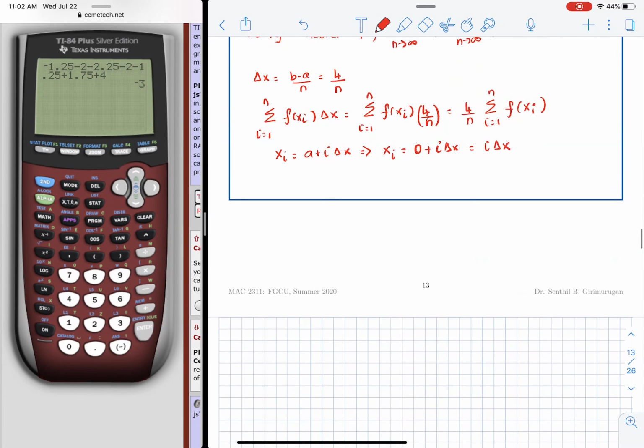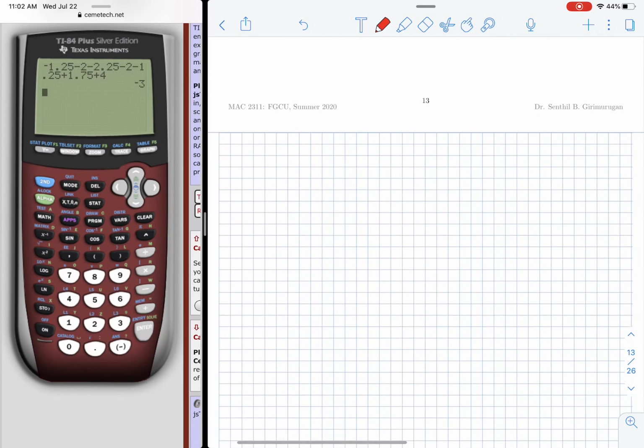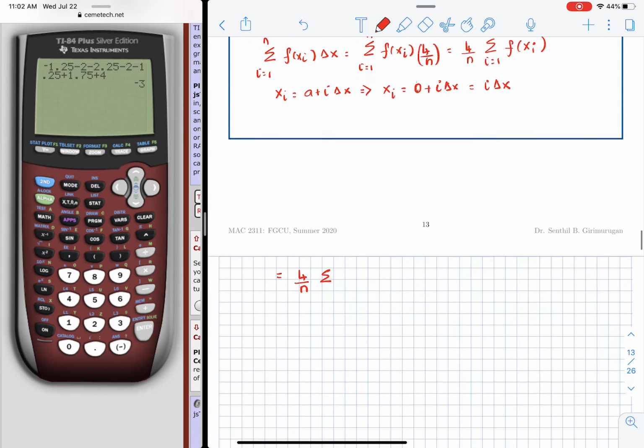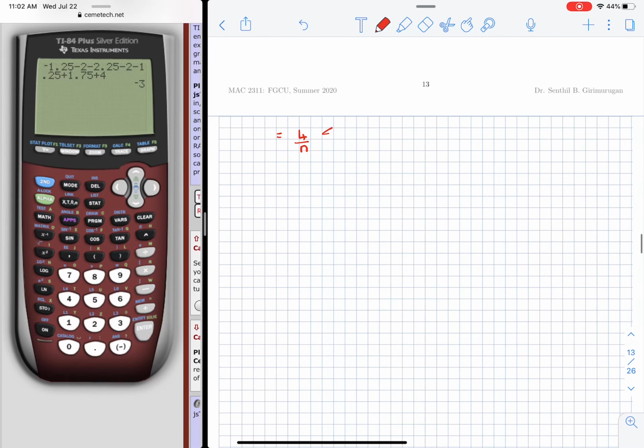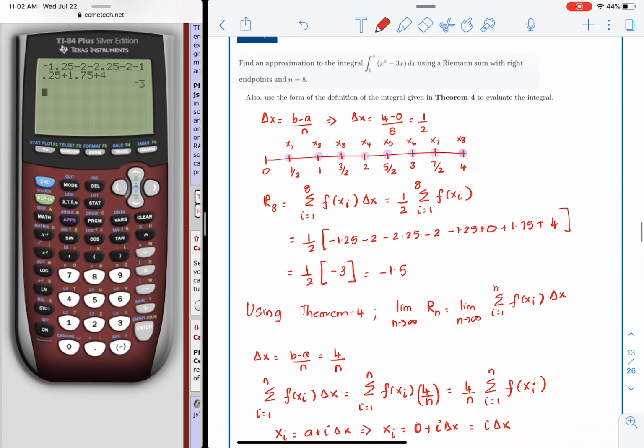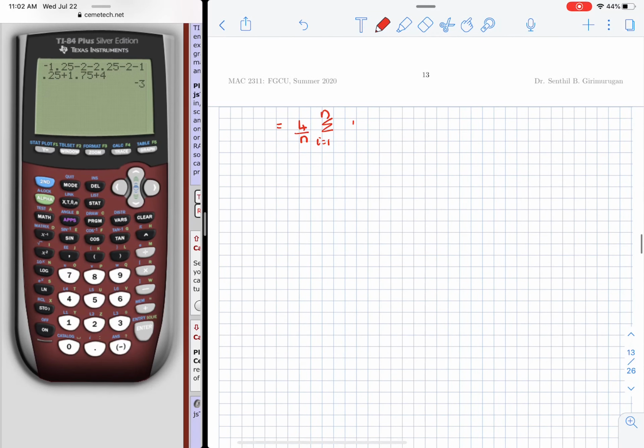We're going to plug xi into the function, so 4 over n, sum i equals 1 to n, i delta x plugged in the function, we have i delta x squared minus 3 times i delta x.